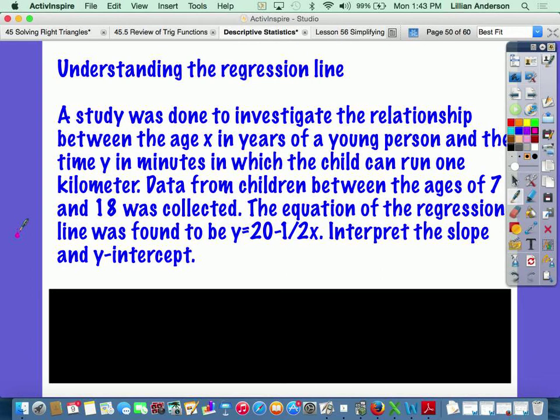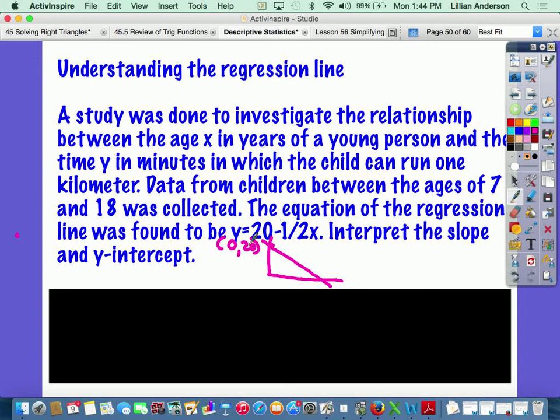And then your y-intercept. My y-intercept is 20. Now think about it. This is a line that's decreasing, meaning that it's hitting your y-axis at (0, 20). Let's think about this. What does my x represent? Age.